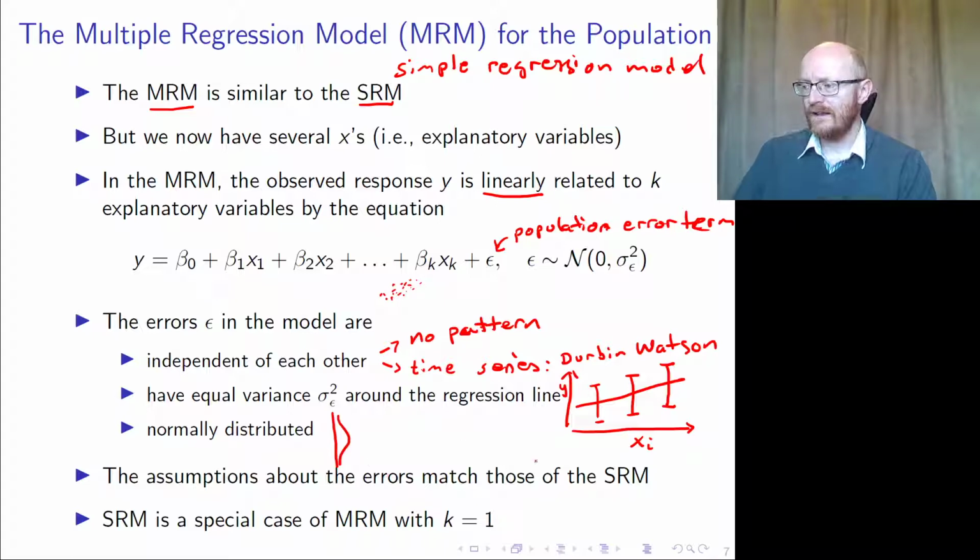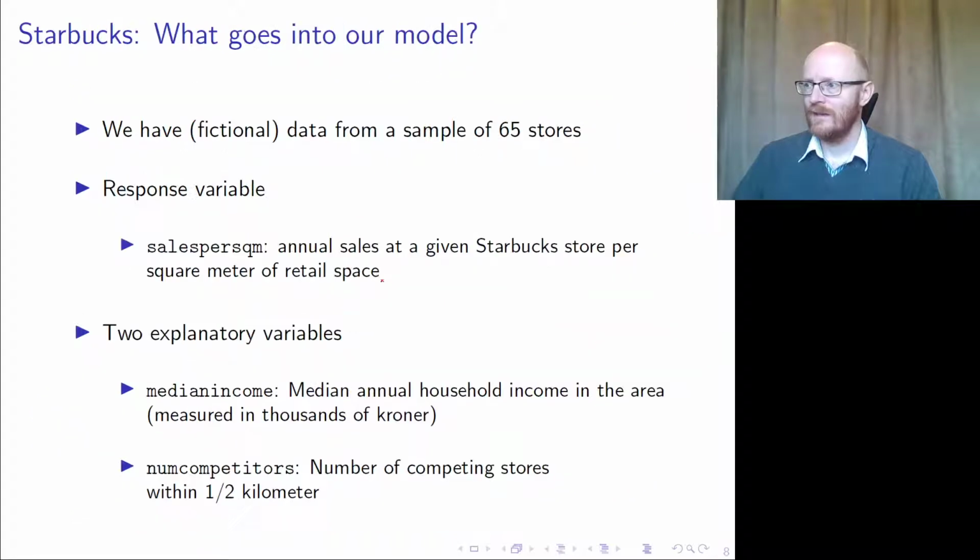These are just the same assumptions about the error terms which you found in the simple regression model. So the simple regression model is really just the multiple regression model with only one explanatory variable.